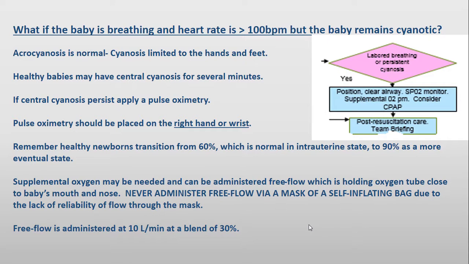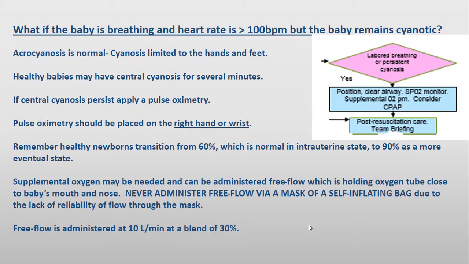However, if the central cyanosis persists, we need to apply a pulse oximetry and see if the reading is consistent with hypoxemia. We always place the oximetry on the right hand or the wrist. And remember that healthy newborns transition from 60%, which is the normal in utero state, to 90% as a more gradual or eventual state. So we don't want to jump on top of CPAP too quickly.